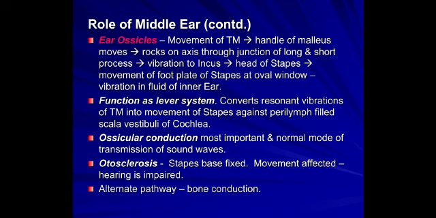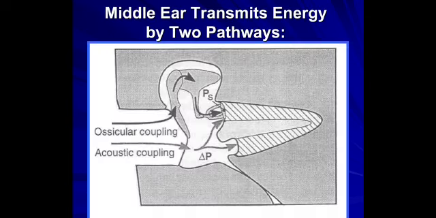As I told you, the transmission is through the handle of the malleus to the long process, which acts as an axis of rotation in an antero-posterior direction, resulting in the movement of the footplate of the stapes, causing vibration in the cochlear fluid.